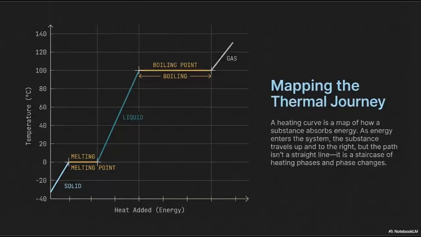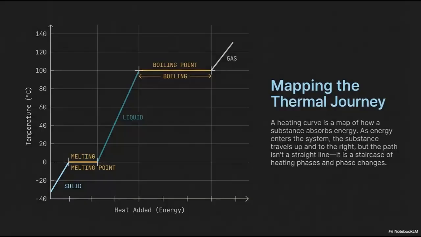Once all the solid is melted, we have a liquid, and that liquid is going to start heating up until it reaches the boiling point where it's going to start boiling. It's going to remain at the boiling point until all the liquid has boiled or evaporated, and then we get that gas phase. And then it's just a matter of heating that gas to a different temperature, which it might turn into a vapor.